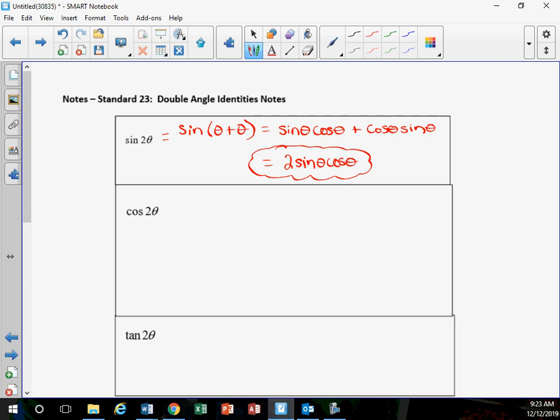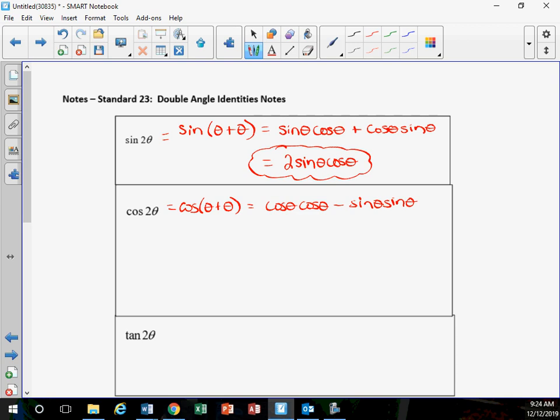Okay, let's do the same thing for cosine. So I'm going to look at cosine of theta plus theta. So with my formula, that'd be cosine theta cosine theta minus sine theta sine theta. You guys see where those are coming from? You can look at your pink sheet if you need to.